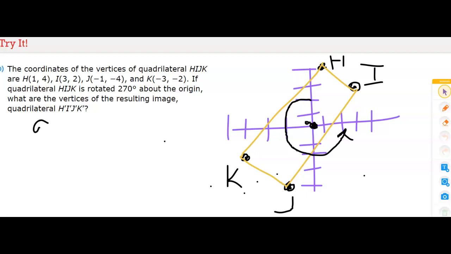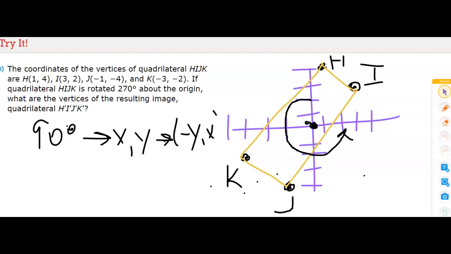For an angle of rotation of 90 degrees, the rule is that if it started at (x, y), it would become (-y, x).